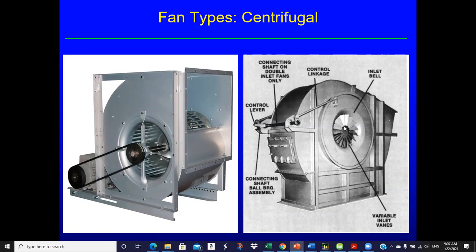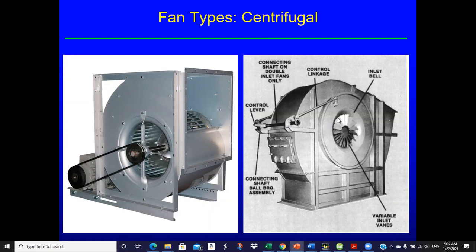On the right over here, we show the variable inlet vanes, or what I call inlet guide vanes, different terms for the same thing. These little kind of pie-shaped dampers that rotate open and closed. And it's interesting, these control capacity by imparting pre-rotation to the air as it goes in.